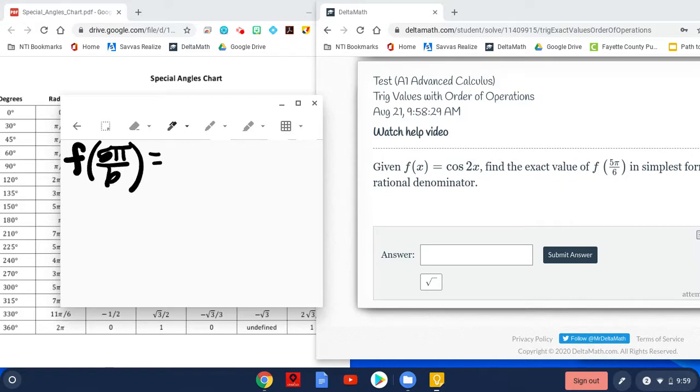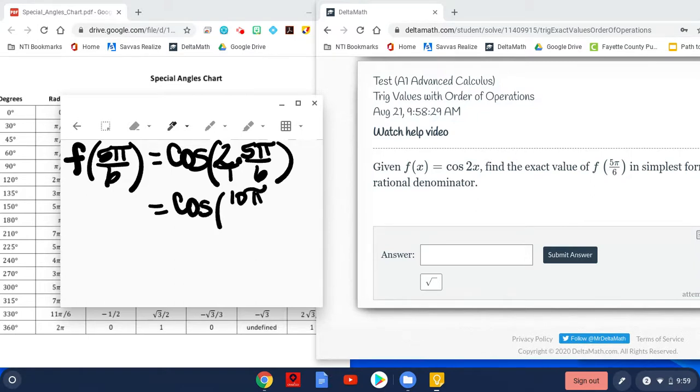That means I'm going to take that expression cosine of 2x and replace the x with 5 pi over 6. So I'm going to need to multiply 2 times 5 pi over 6 before I evaluate. So cosine of 2 times 5 pi over 6. You multiply; this 2 is like 2 over 1, so multiply those fractions straight across. I'm going to find the cosine of 10 pi over 6. And 10 over 6, if I divide the numerator and denominator by 2, I get 5 pi over 3.